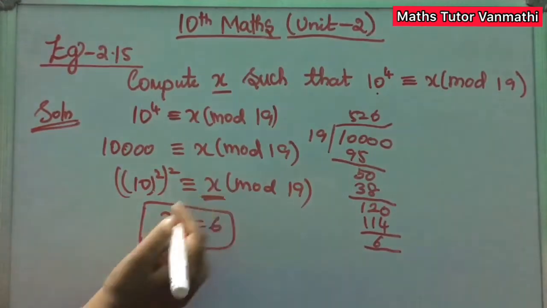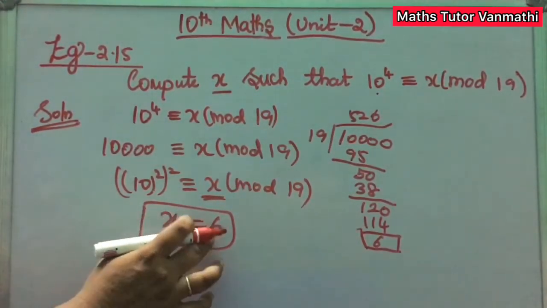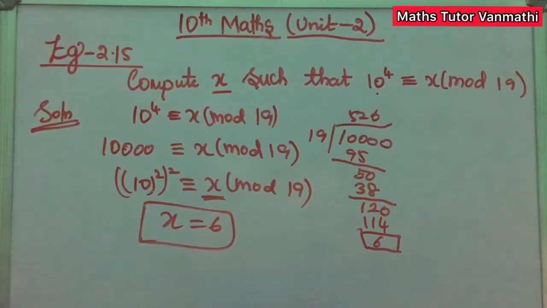This is your remainder. On dividing you are getting the remainder as 6, so x is equal to 6 mod 19. That is, 10 power 4 is congruent to 6 mod 19, so your x value is equal to 6. Clear? Next, 2.16.